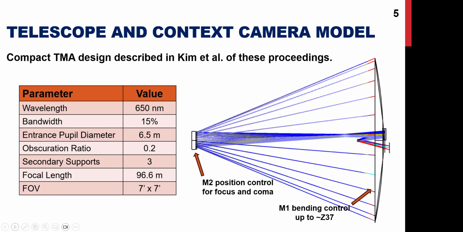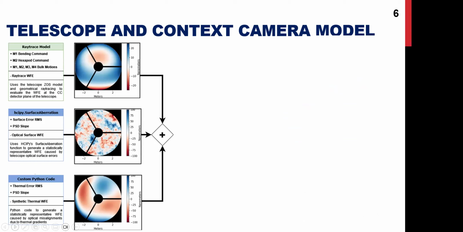Now, how do we actually model this? The telescope is the more interesting case here. So starting from the top, anytime we want to simulate a PSF on our telescope, we start with a ray trace. The physical optics model and the ray trace are linked together. That's the whole integrated modeling part of this.